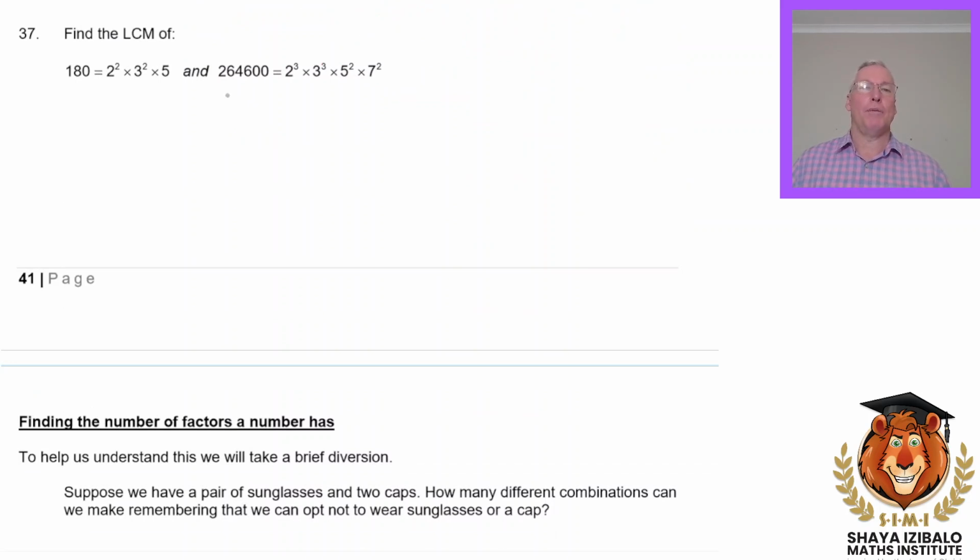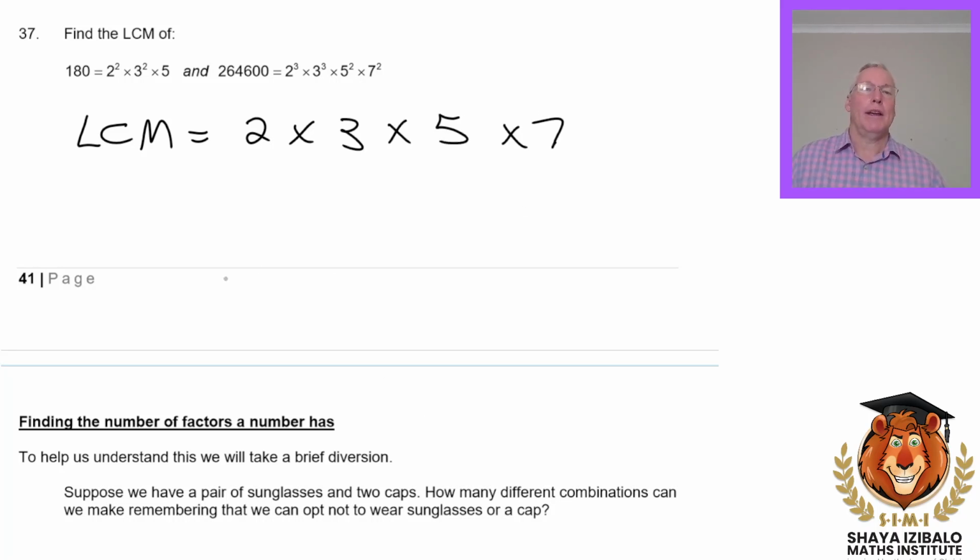This one, like before, has been prime factorized for us. So we're trying to create a multiple, a number that both of these numbers will go into. It therefore needs to have 2s, 3s, 5s, and 7s. But if we only have two 2s, then this number will divide into it, but this one won't.